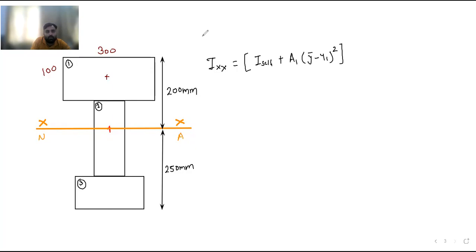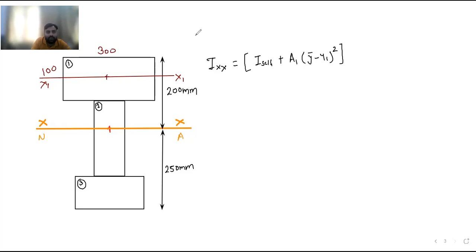So from this CG, I can draw the axis of this first figure. This is my x1. This is x1, the x-axis of the first figure.